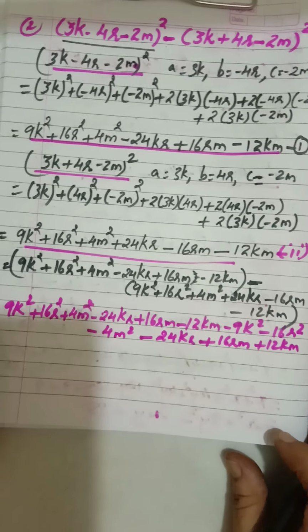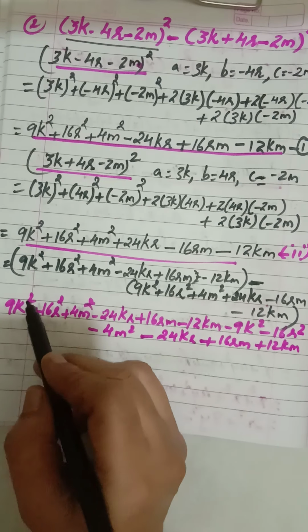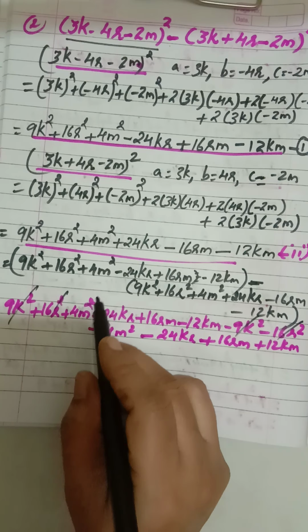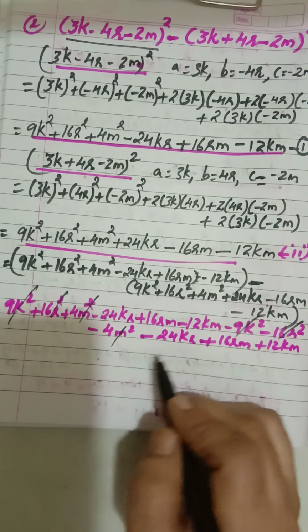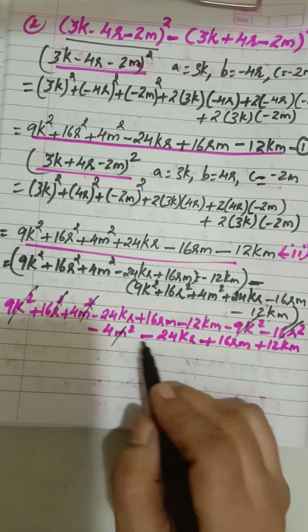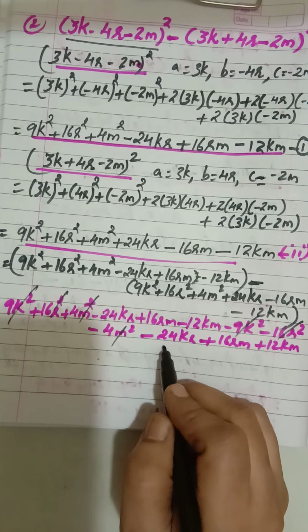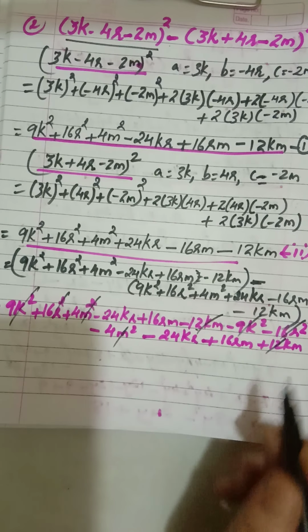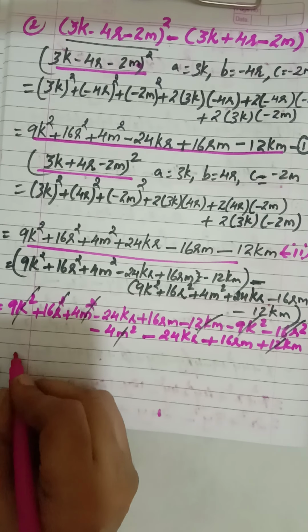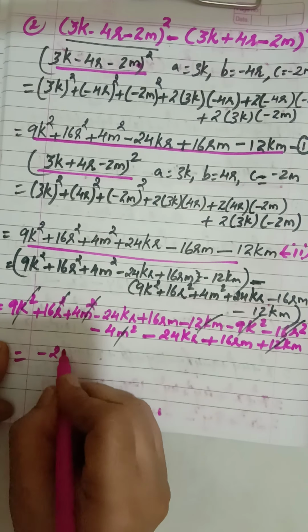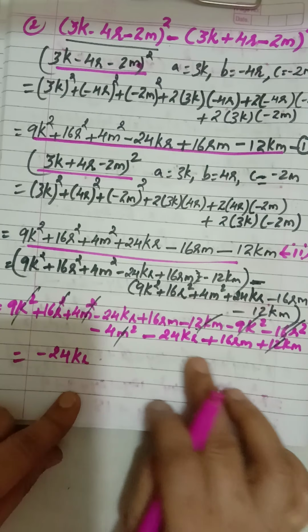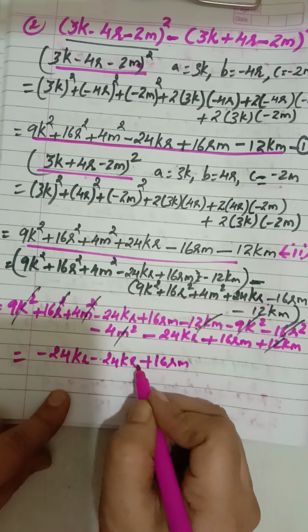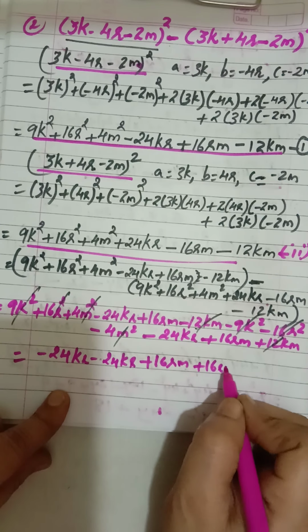Now terms with opposite signs cancel: 9k square minus 9k square, plus 16r square minus 16r square, plus 4m square minus 4m square. Now is anything else going to cancel? Minus 24kr, here also minus 24kr; plus 16rm, plus 16rm; minus 12km, plus 12km. So this will get cancelled, right? Now let us see what terms are remaining. This is equal to minus 24kr and one more minus 24kr, together we write plus 16rm plus 16rm.